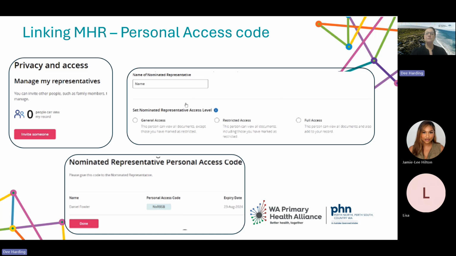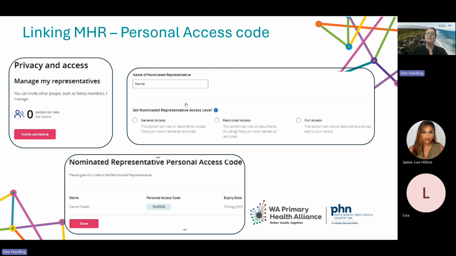Once the level of access has been completed, the system will generate what we call a personal access code, or a PAC. This information is for the nominated representative, so the other person that you want to link to your record. The system will notify that nominated person of the PAC.